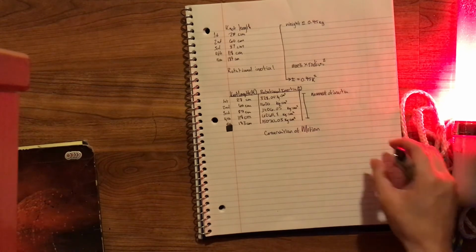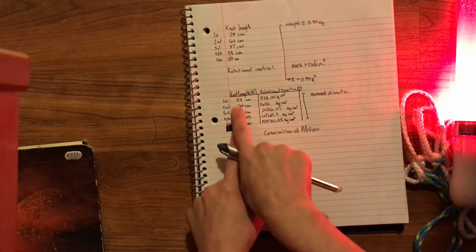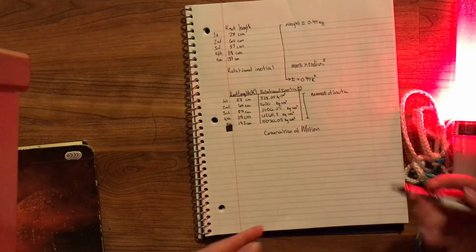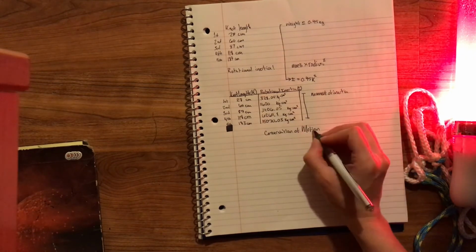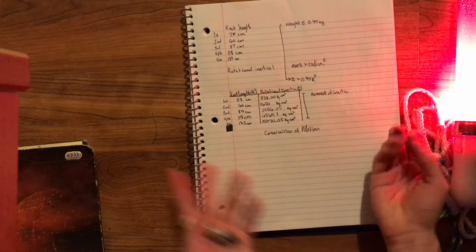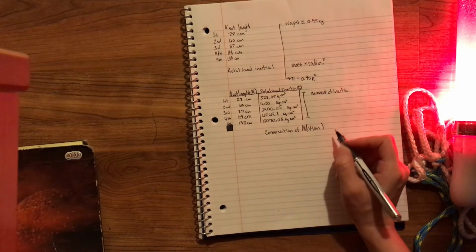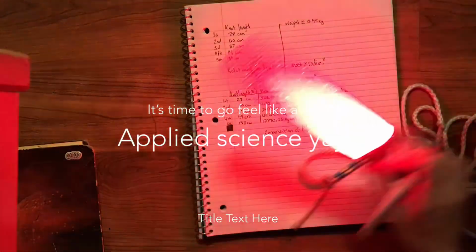So you would have a lot of force going into something very small, which would make it go really fast. So you can use basically this equation to understand the movements of what I'm going to be doing.